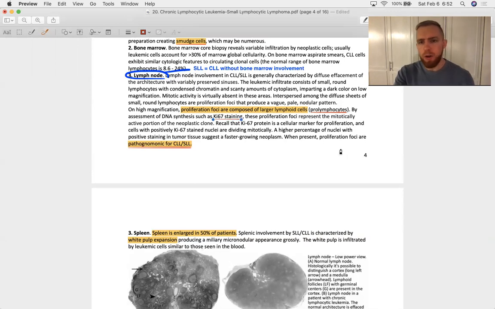And that word pro-lymphocyte, if they tell you there's a lymph node with pro-lymphocytes and that it stains for Ki67, that's a cell proliferation marker. And the SDL says that Ki67 in pro-lymphocytes is pathognomonic for CLL. Now, anytime I see pathognomonic, I pause, highlight it, circle it. You want to know those things, just in case.